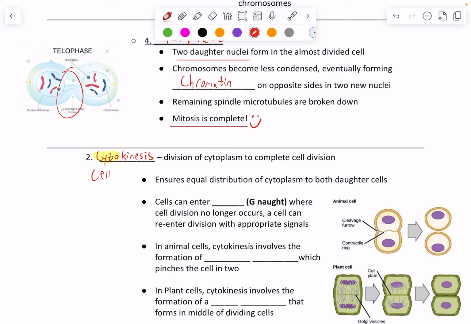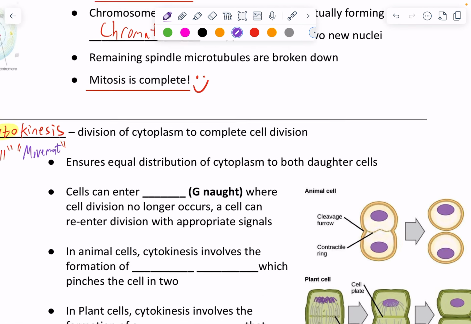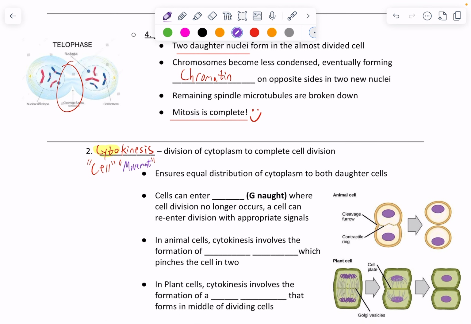This means cell. Kinesis is just like movement. And so this is like moving the cytoplasm to two different cells. And so this ensures that equal distribution of cytoplasm gets into both daughter cells, so they have both of the nutrients that they need to survive.